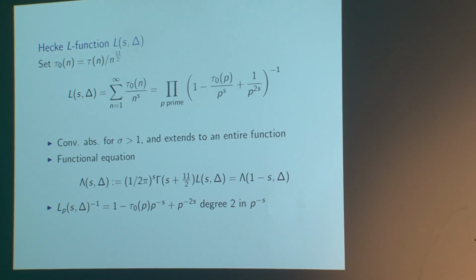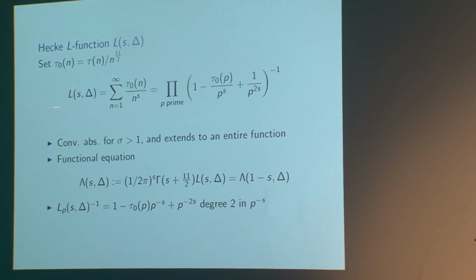Since the size of these tau(n) is like n to the power 11 by 2, we normalize by dividing by n to the power 11 by 2, and then we can attach an L-function to it. So L(s, delta) is defined by this Dirichlet series, and this is equal to this Euler product. This comes from the first two conjectures of Ramanujan, which were proved by Mordell and later by Hecke.